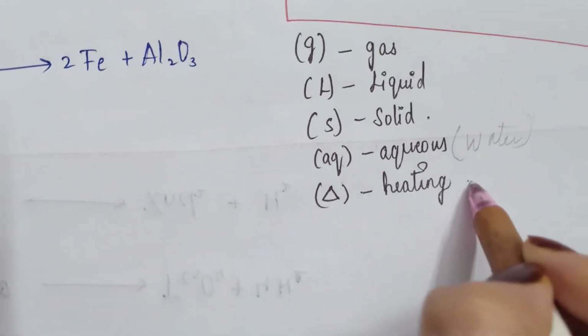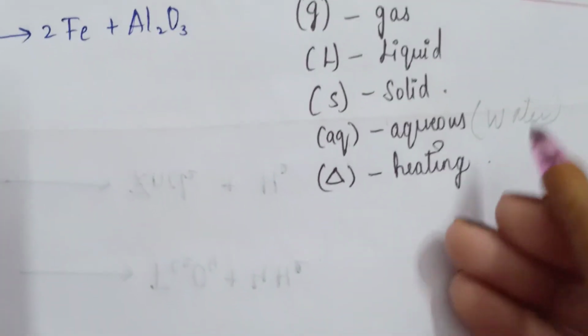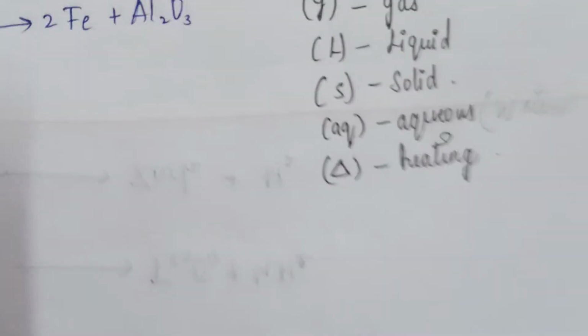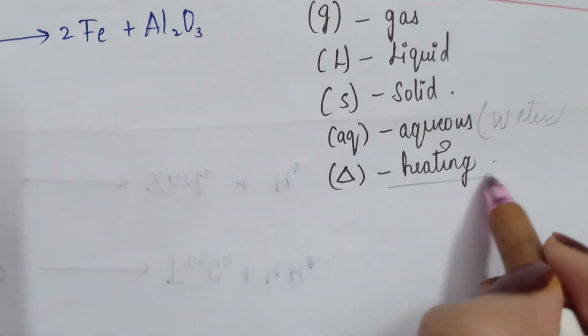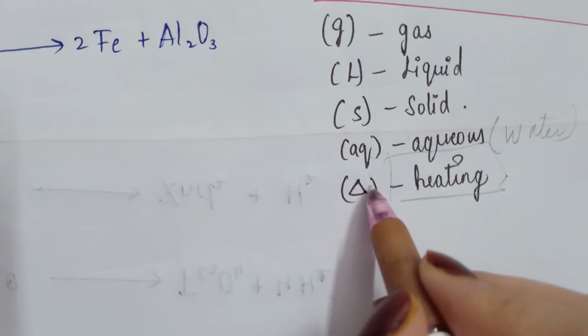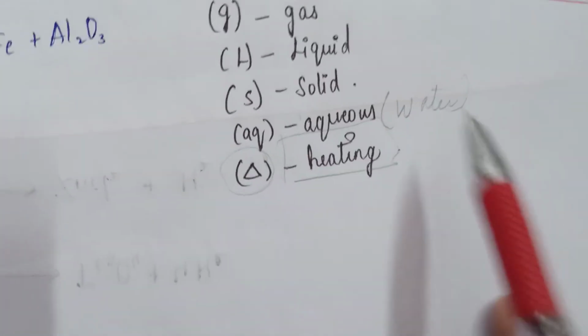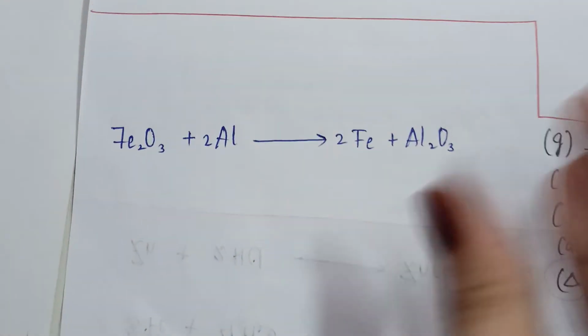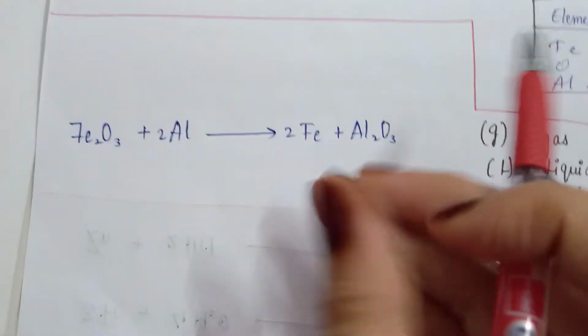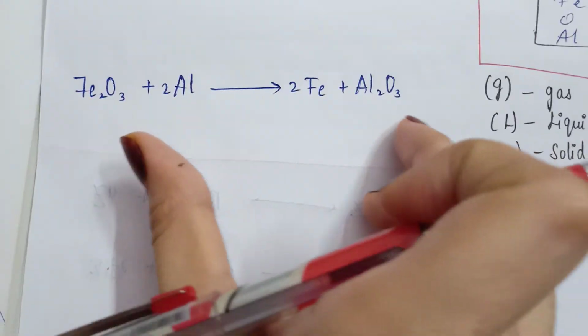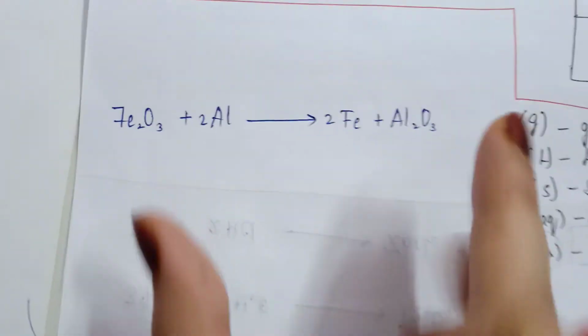And if heat is involved in the experiment, then we can't write the word heating in full. We just represent it by this symbol. This symbol is nothing but heating. We apply these to chemical equations so that we get more information about these experiments, right students?